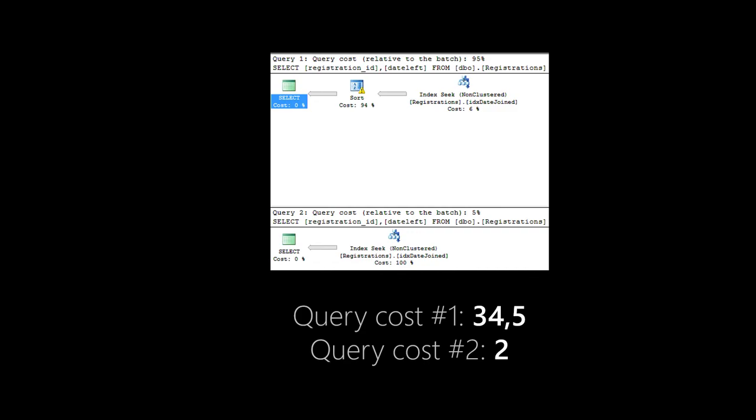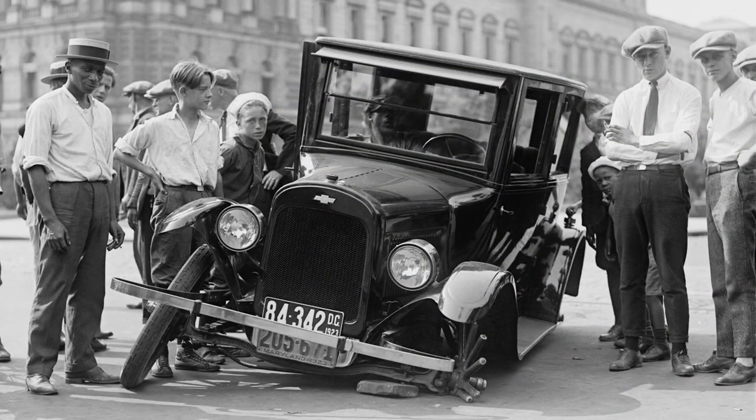So in summary, this is what happens if devs and DBAs don't talk to each other. People are going to get hurt. Things are going to break. And it hurts me to see the divide between us and them. It doesn't work that way.